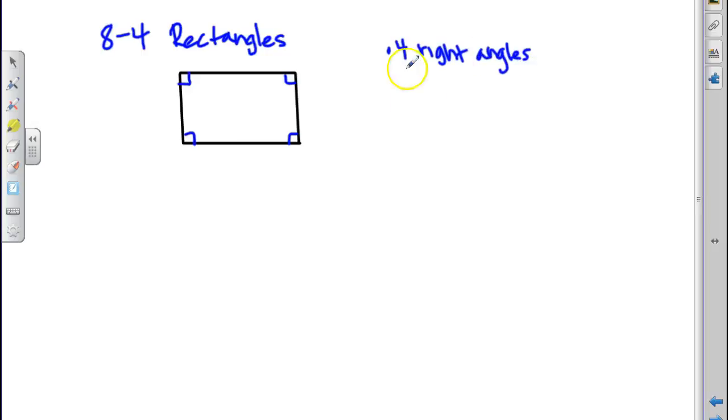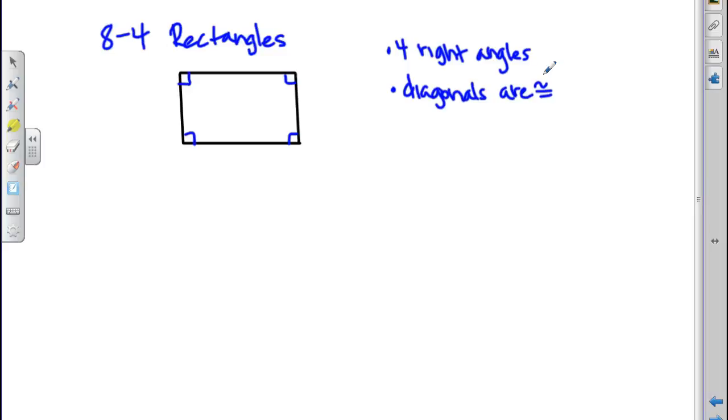We also know that the diagonals are congruent. So if we know it's a parallelogram and it has 4 right angles, we know it's a rectangle. If we have a parallelogram and the diagonals are congruent, we know that it's a rectangle.